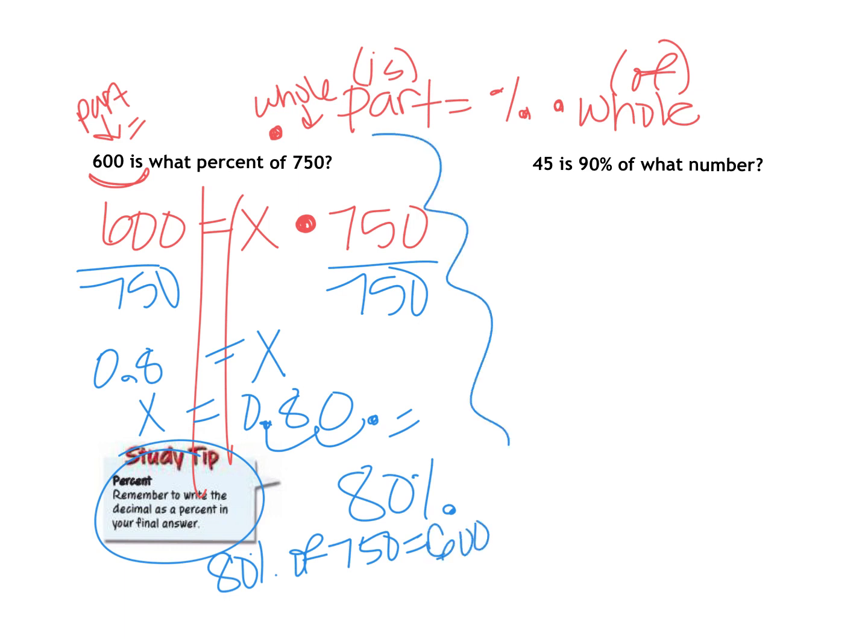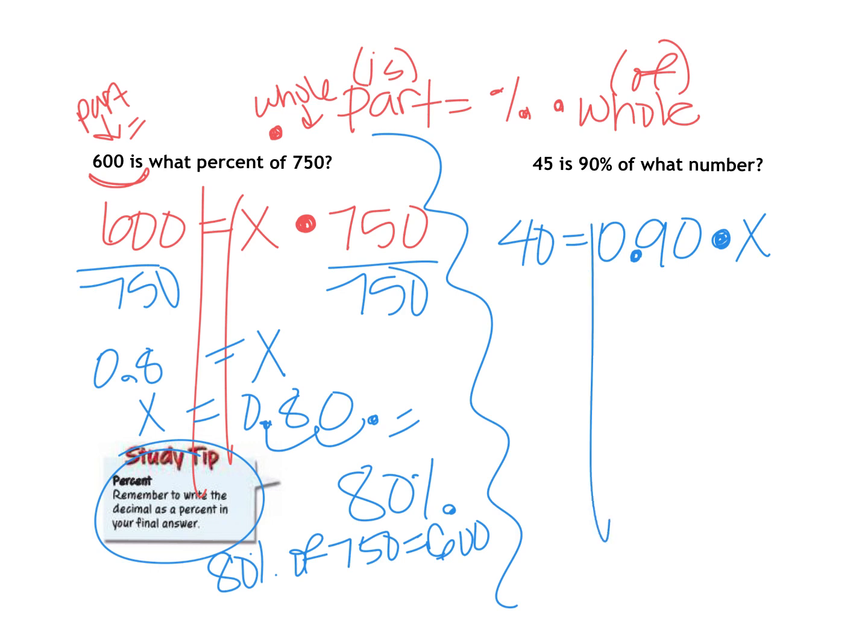45 is 90% of what number? So 45 equals, and it's not always going to be in the order that the problem is. We're just starting out with some basic problems. Is 90%. So we're going to write 90%, but this time we write it as a decimal, of what number? We're not sure what number, so times x. This time we're going to divide both sides by 9/10 or 90 hundredths.